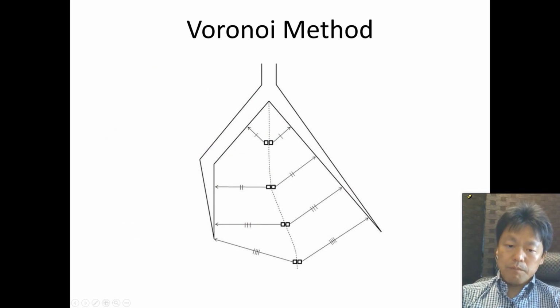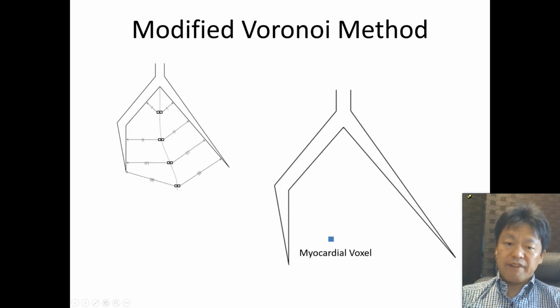We also use the Voronoi method. The Voronoi method is a segmentation algorithm. Originally it is a two-dimensional algorithm, but we modified it for use in three-dimensional space. One myocardial voxel expands like a balloon and touches a coronary artery voxel.